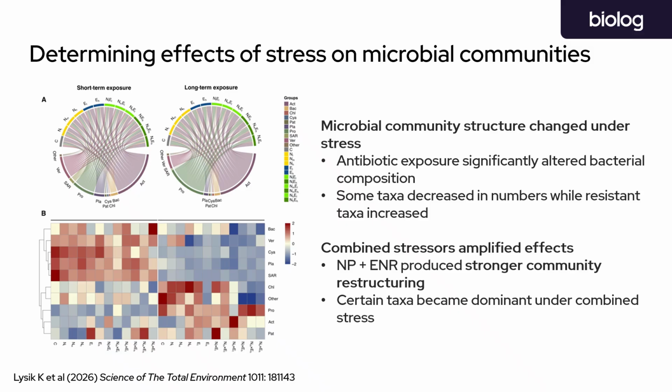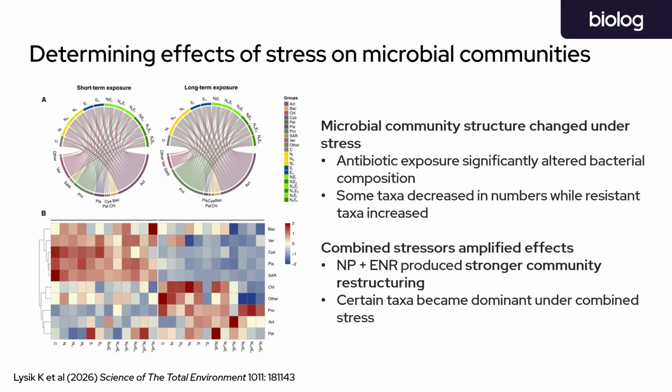And they used 16S to measure the overall structure of the community and who is there. And they used all these different conditions of nanoplastic and antibiotic exposure, either in short term or in long term. And they can see that there's this shift in the structure under the stress, right?